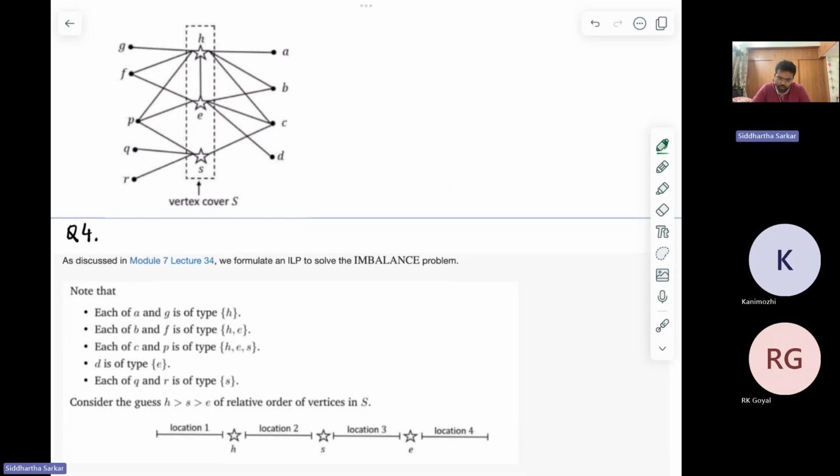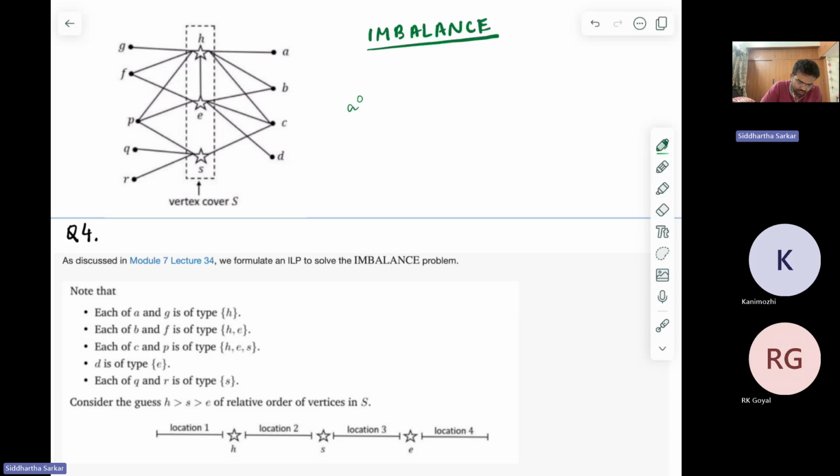Okay. So now, what is the imbalance? Let me first define what is the imbalance problem. I'll give a simpler example.